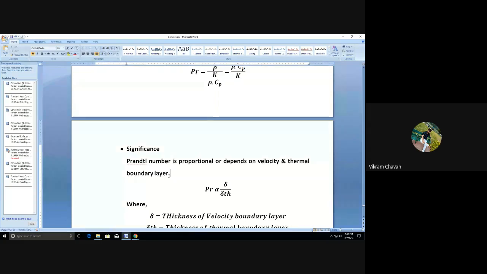Similarly, the thermal boundary layer is there. We have discussed that there is an initial temperature difference between the fluid layers and the plate surface temperature.